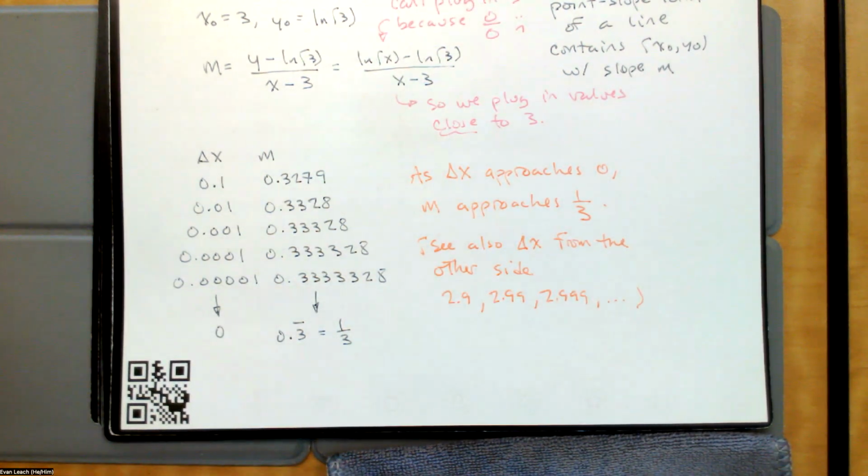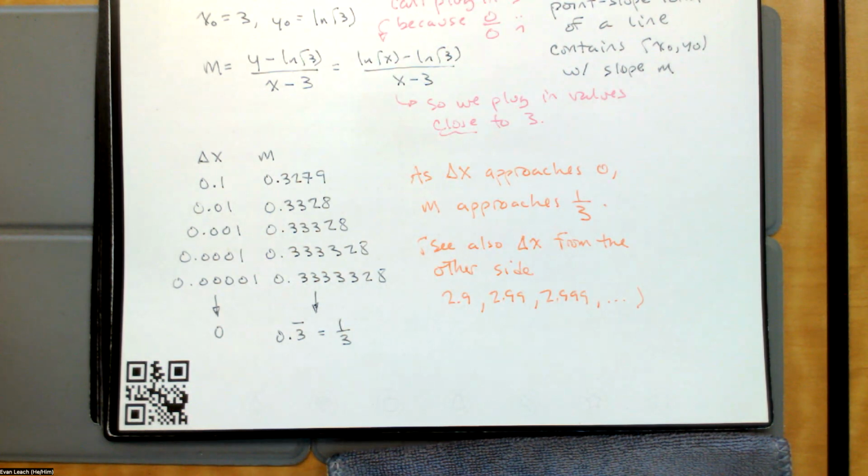But this is the idea. As delta x gets close to 0, the slope is getting closer to 1/3. How's everybody okay?